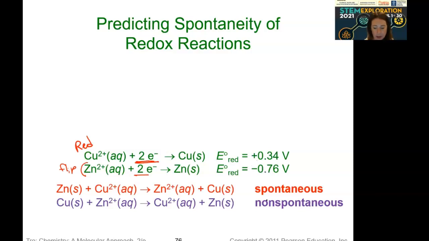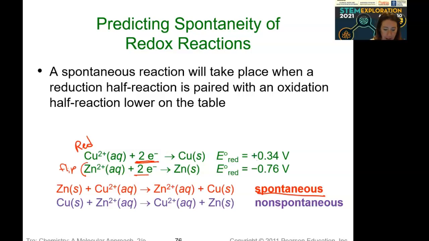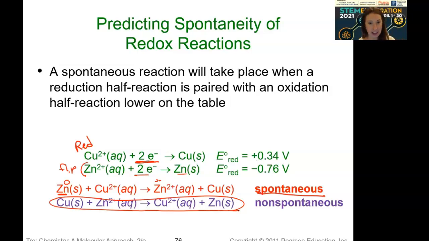But we don't have to worry about these right now because here's our spontaneous reaction where zinc goes from zinc 0 to zinc 2+ because we flipped it, where zinc is oxidized and copper is reduced. This would be non-spontaneous. And remember from our exam we just took, if it's spontaneous in one direction, it's non-spontaneous in the other.